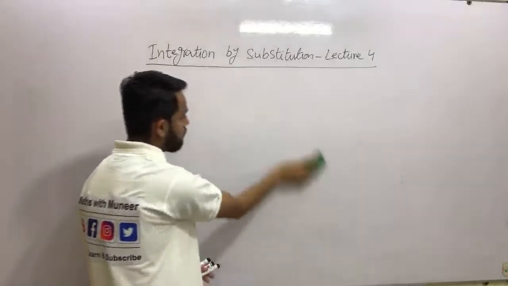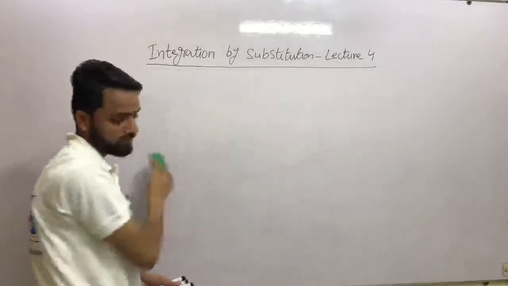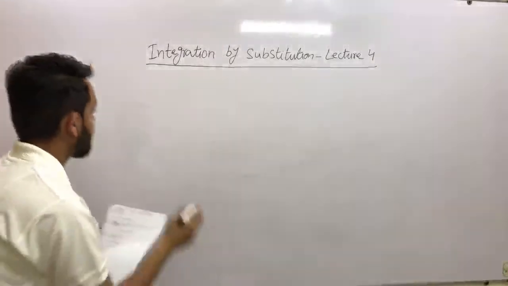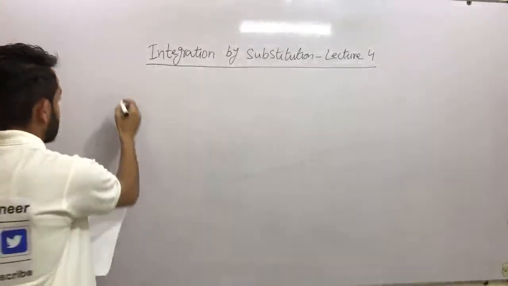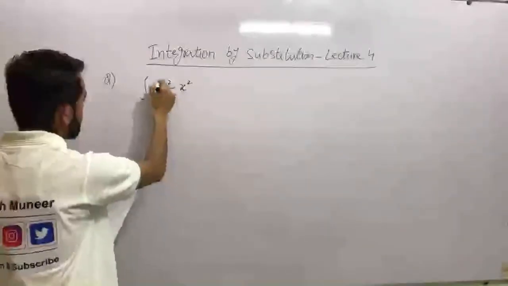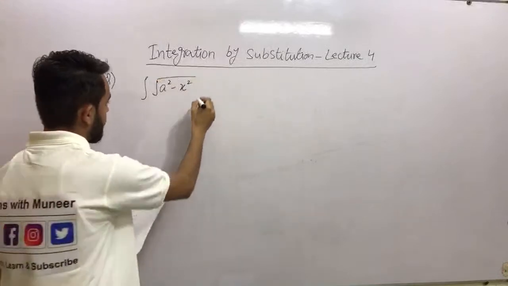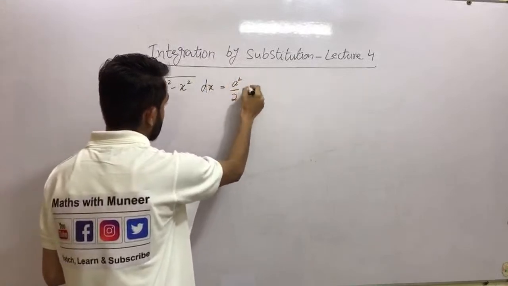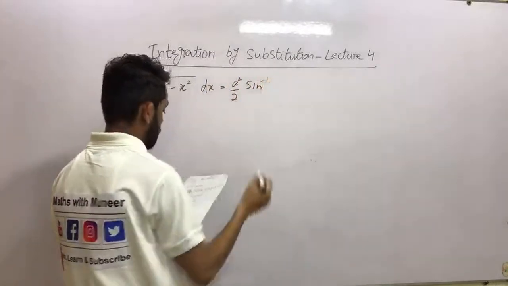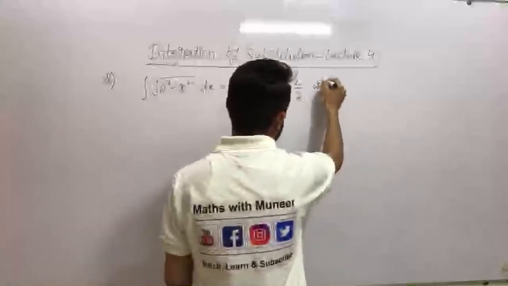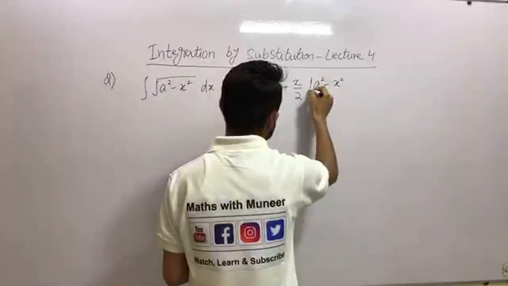So we are going to solve another question. Now we have the integral of square root of a square minus x square dx, and this should be equal to a square over 2 sine inverse x over a plus x over 2 square root of a square minus x square.